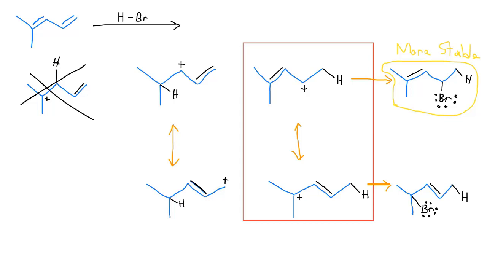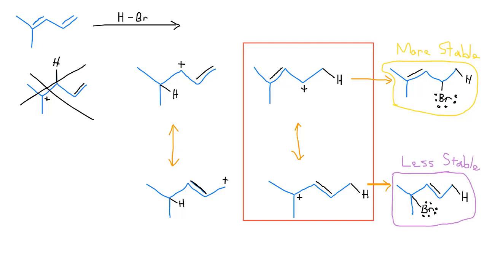So if the less stable one is down here, the thermodynamic product is going to have to be which one? The top or the bottom? The top, yep. The more stable one is your thermodynamic product.